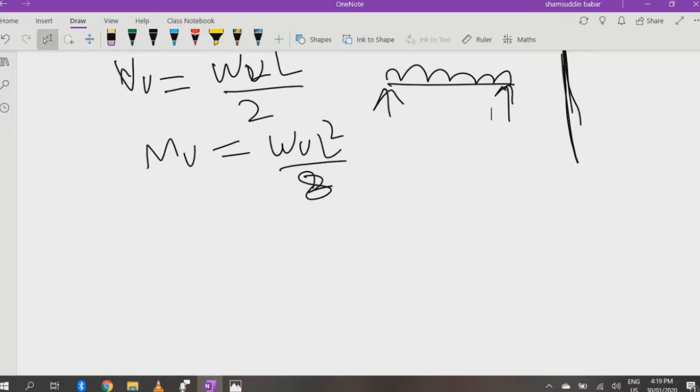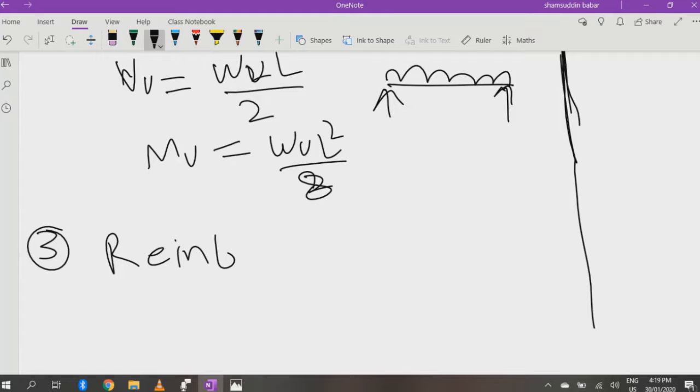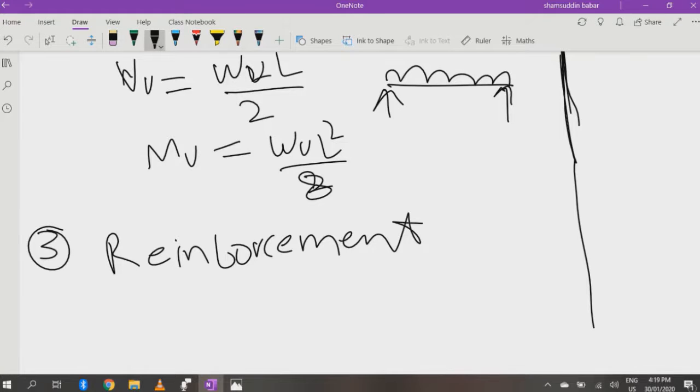In our third step we calculate reinforcement. To calculate reinforcement, we need RU.